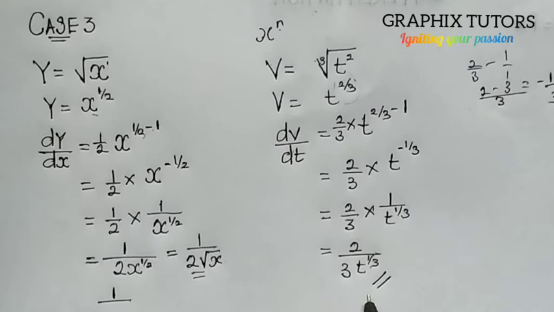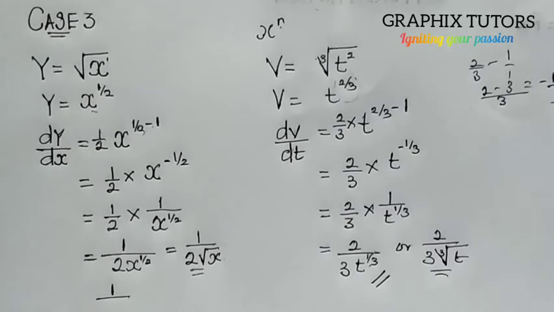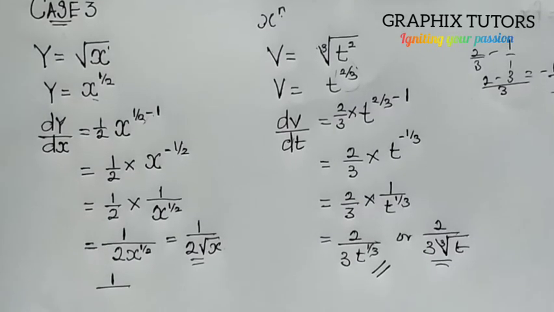Either you leave it this way, or you say 2 over 3 times the cube root of t. Any of the two is correct. So that is in terms of roots.